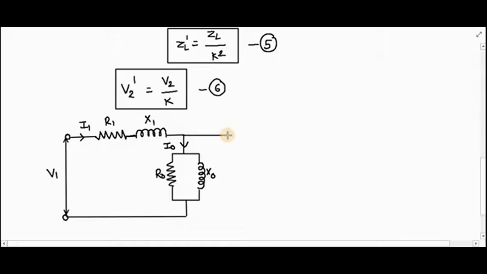So just after this shunt circuit, I will draw the resistance R2, leakage reactance X2, and simply I will connect load here.